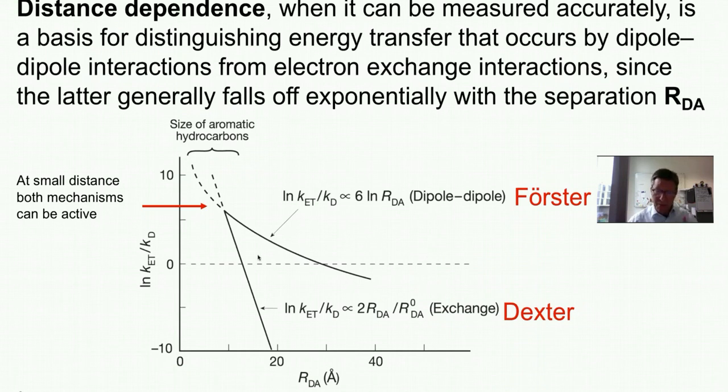There are also papers where they are at a small distance where the two mechanisms can operate. So you have a Förster contribution and a Dexter contribution, but that's rare. But this is how you can think about the distance dependence of the Förster mechanism and the Dexter mechanism. It is a different way that they correlate.